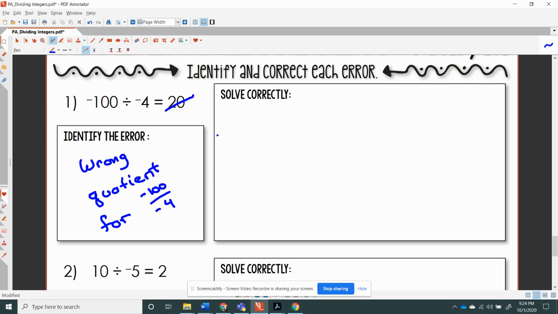You know, that fractions are all division. So let's solve it correctly. Negative 100 divided by negative 4 should equal positive 25. Think of 4 quarters in a dollar.